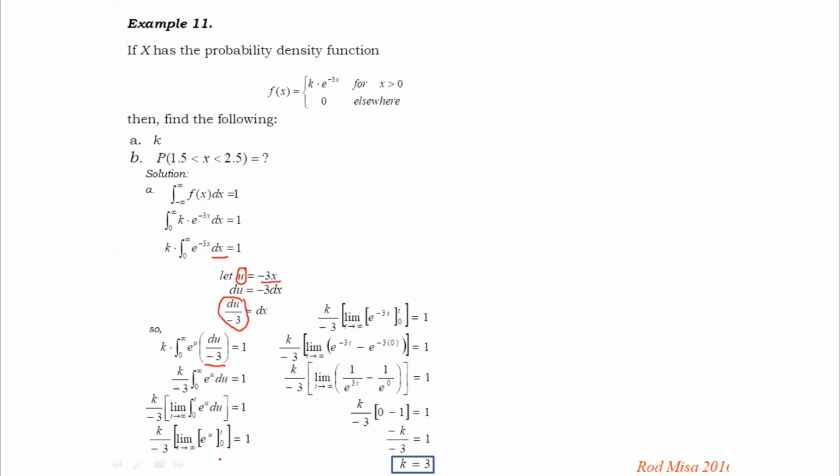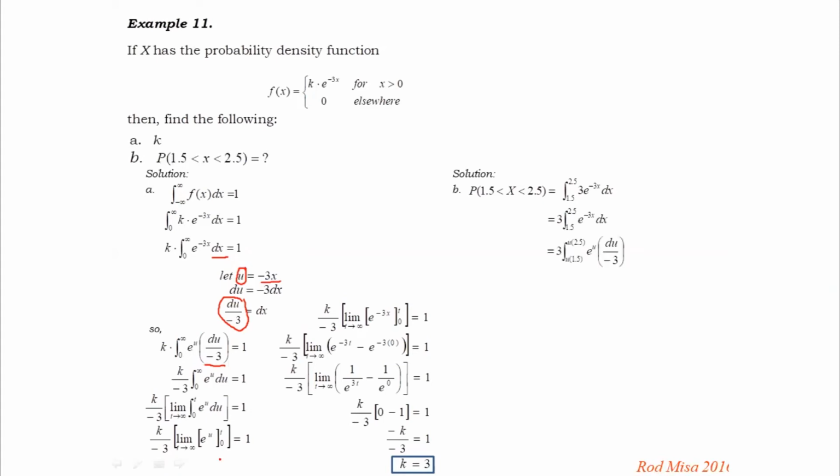And using this k value in our probability density function, then we can solve for the probability of the random variable from 1.5 to 2.5 here. So integrating our PDF, which is 3 times e to the power negative 3x dx from 1.5 to 2.5, we have to factor out 3 here.